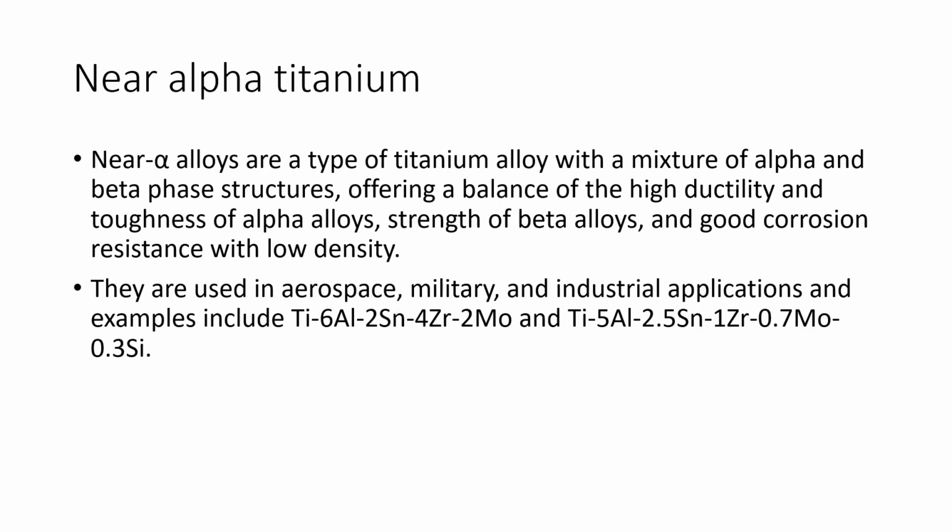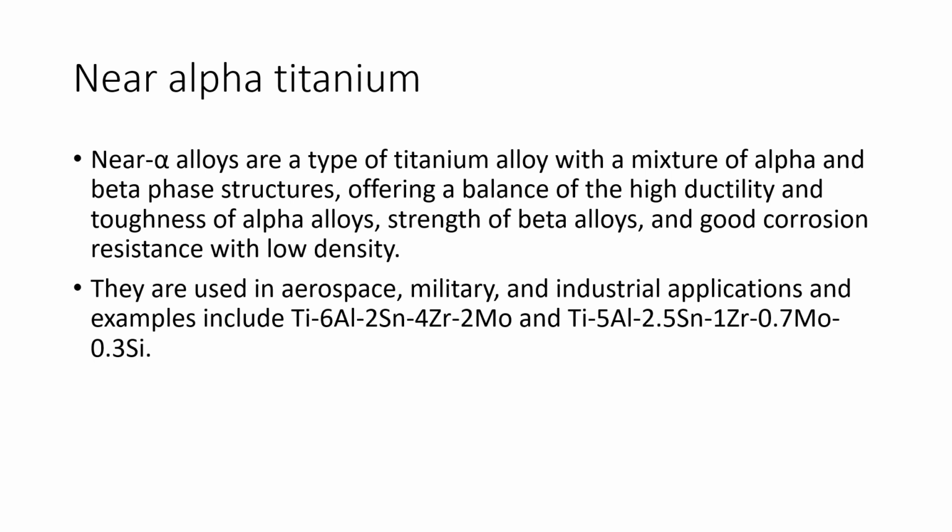Lastly, for near alpha titanium, the near alpha alloys are a type of titanium alloys with a mixture of alpha and beta phase structures, offering a balance of the high ductility and toughness of alpha alloys, strength of beta alloys, and good corrosion resistance with low density.